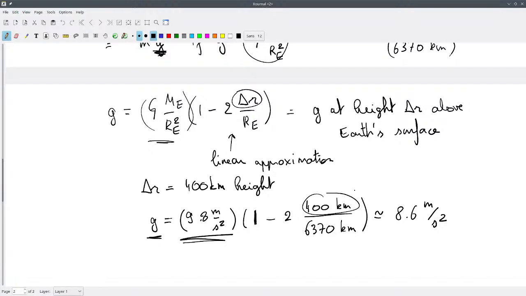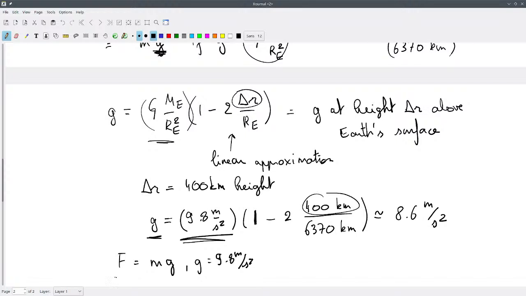So g actually changes with height, and this indicates the usefulness and a very fundamental point in physics, which is that our previous law, which said that F is equal to m times g, where g is 9.8 meters per second squared, doesn't become invalid because we have a better law, Newton's law of gravitation.